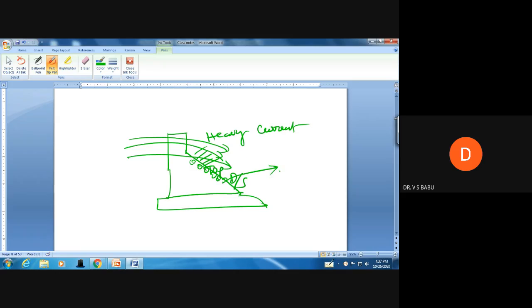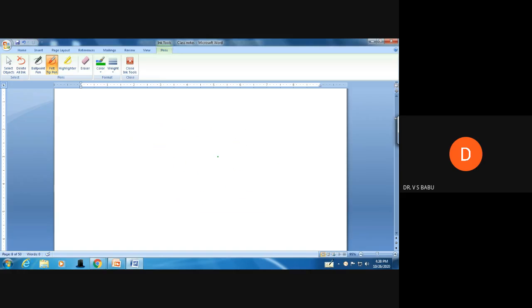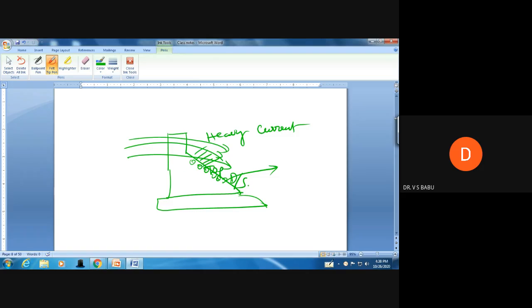This is nothing but mechanical action, abrasion, rubbing. Because of this water and the concrete surface, a lot of friction will be generated, because this dam height is 200 meters, a very high structure. In case of flood time, a lot of water comes with tremendous wave currents, so this top surface may be worn.